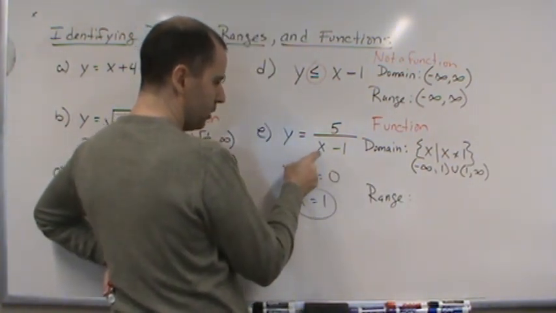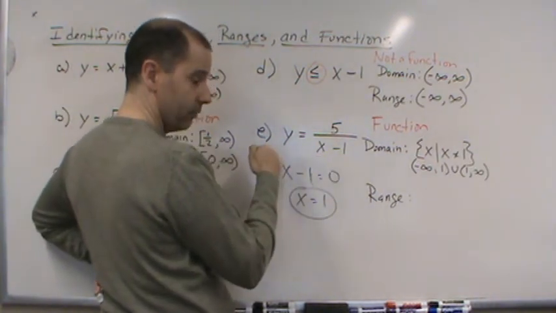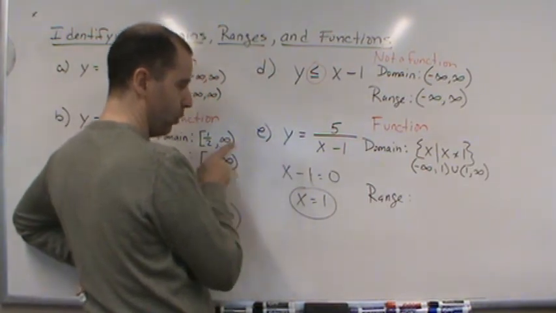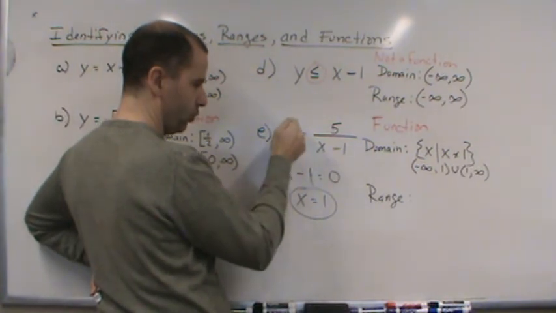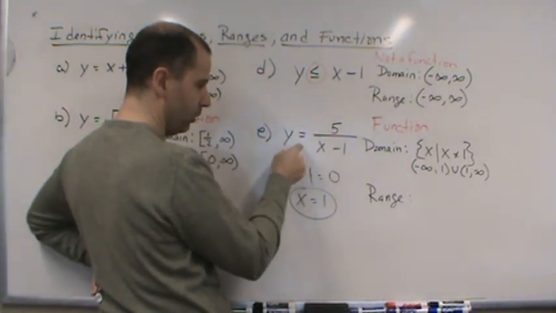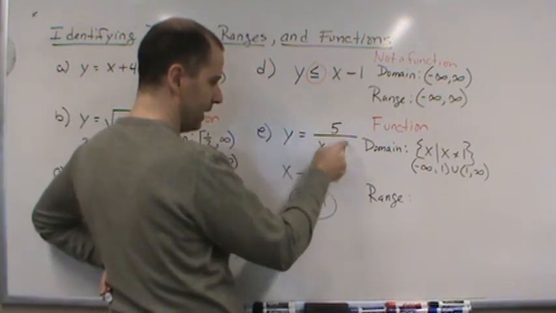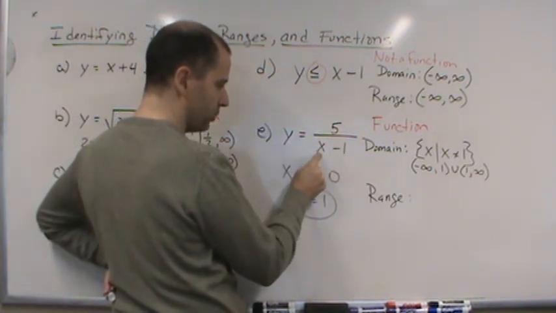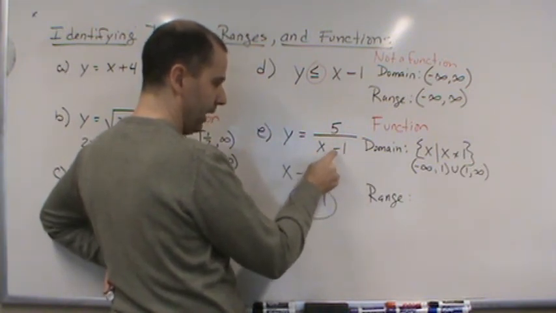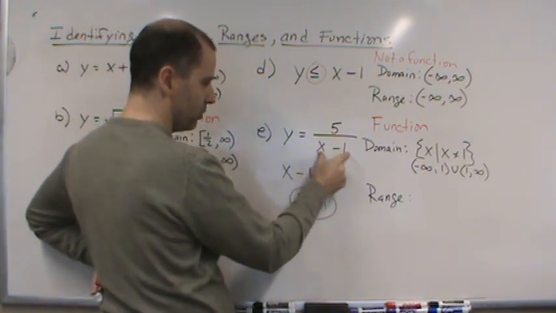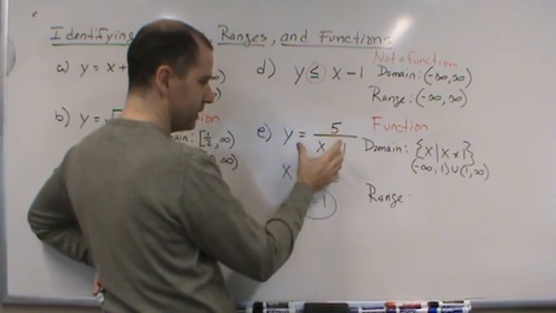As I get closer and closer to 1 from the left, so I'm going negative, to 0, and as I'm getting closer and closer to 1 on the left side, let's say 0, 0.5, 0.75, what's happening to this denominator here? As I'm getting closer and closer to 1, this denominator is getting closer and closer to 0. And as a fraction, as the bottom gets closer and closer to 0, and the top is staying the same, the number is getting bigger.